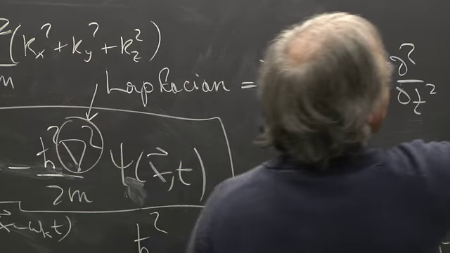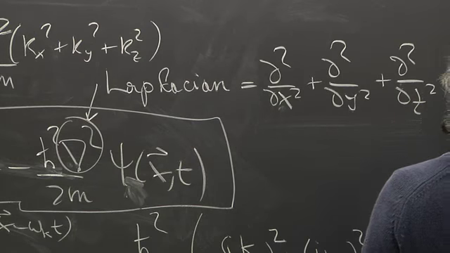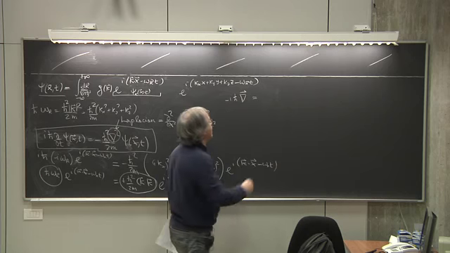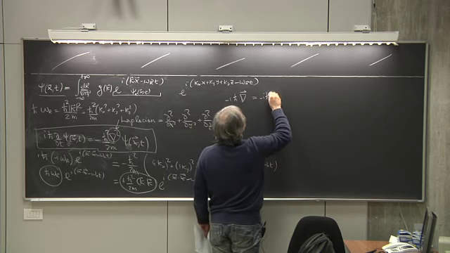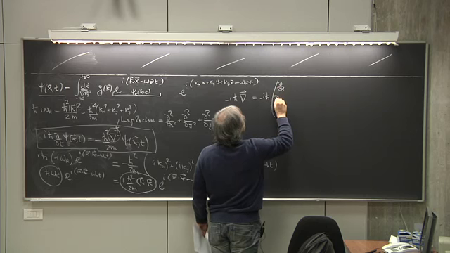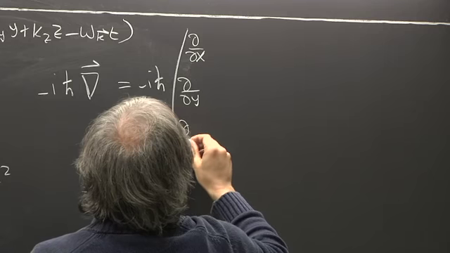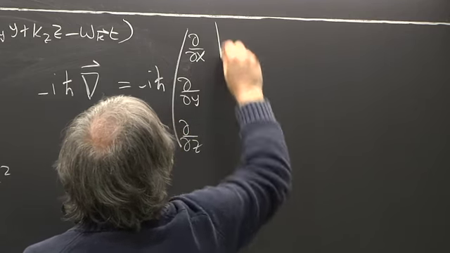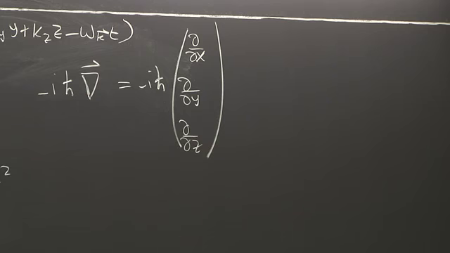What is the gradient? The gradient is an operator that has three components, okay? Minus i h bar. First component is the derivative with respect to x. Second component, derivative with respect to y. And third is the derivative with respect to z, okay? So it's a vector operator.